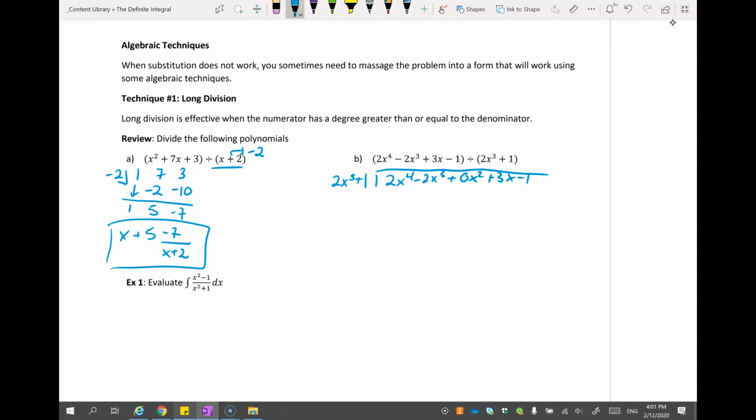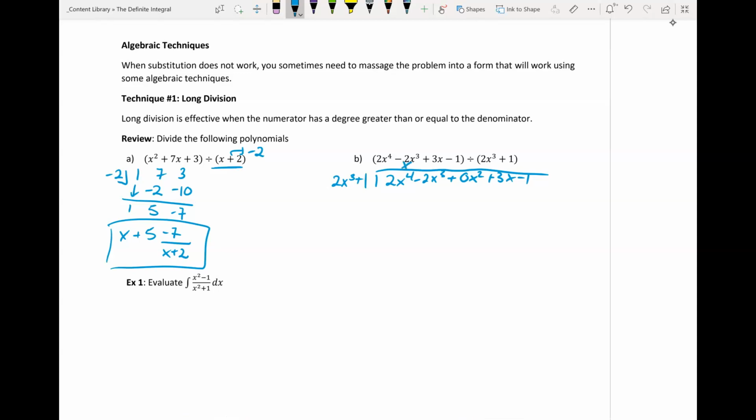If we multiply this 2x cubed plus 1 by x, then I'm going to get 2x to the power of 4 plus x. And we do need to align everything else, so I'm just going to write 0x cubed for a placeholder there, 0x squared, and 0.